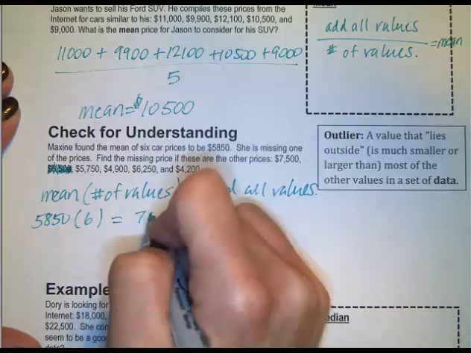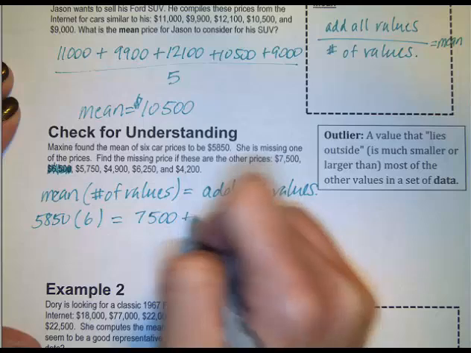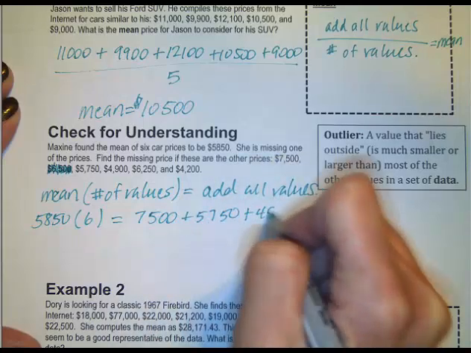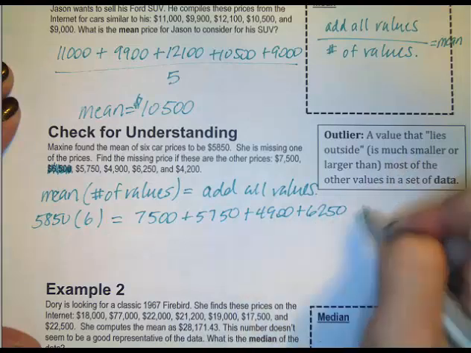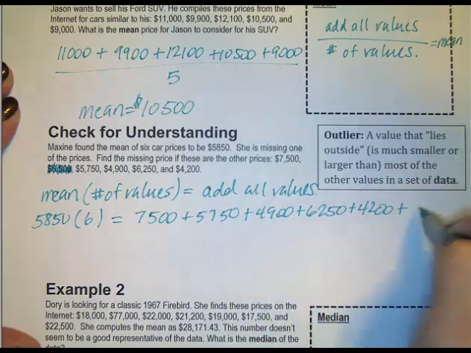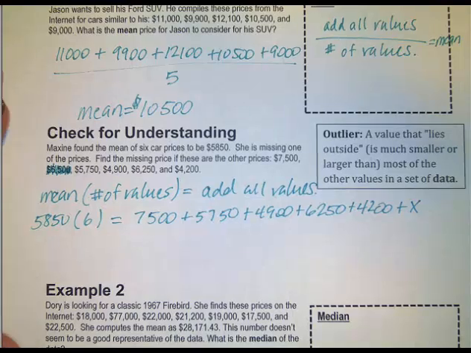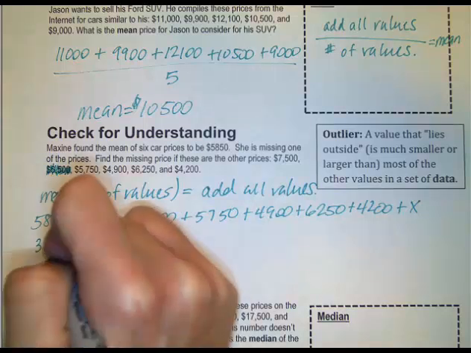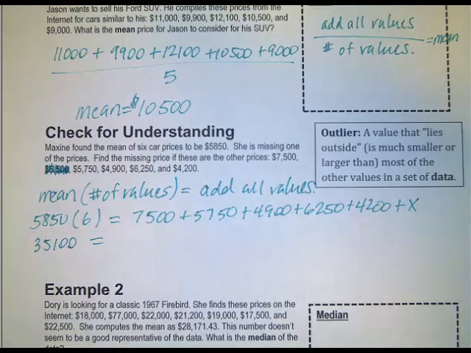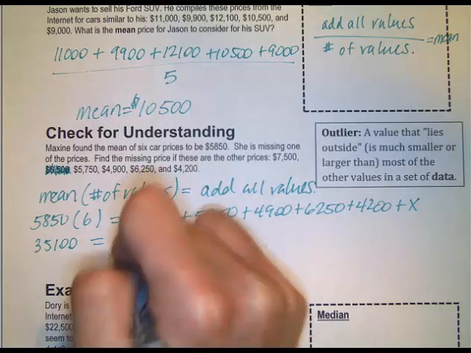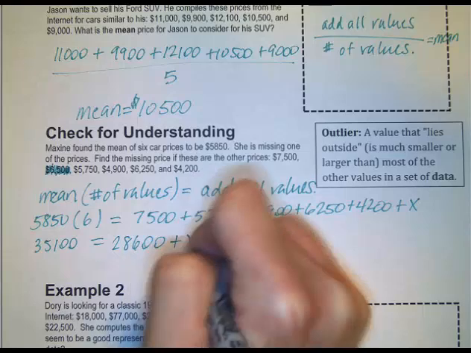So 7,500 plus 5,750 plus 4,900 plus 6,250 plus 4,200 plus the missing one. So 5850 times 6 is 35,100, and that equals 7,500 plus 5,750 plus 4,900 plus 6,250 plus 4,200, which is 28,600 plus my missing value.